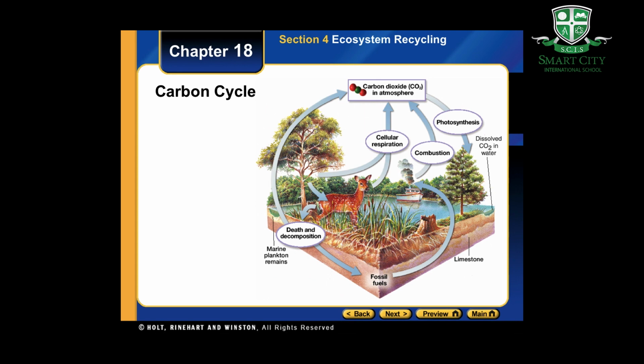Mainly, there are two steps for the carbon cycle, whether taking the carbon dioxide from the atmosphere or releasing it. The only process that takes the carbon dioxide from the atmosphere is a process called photosynthesis.